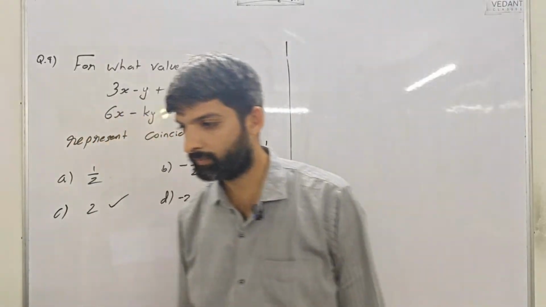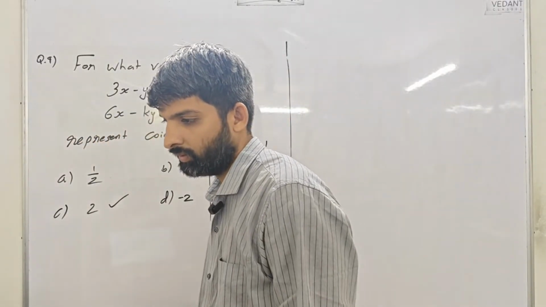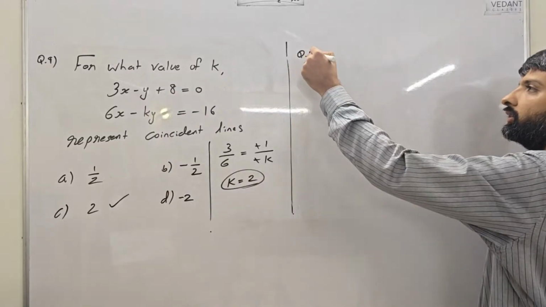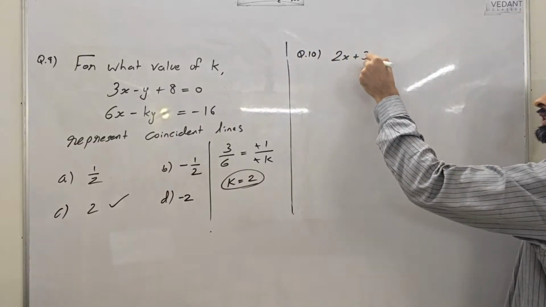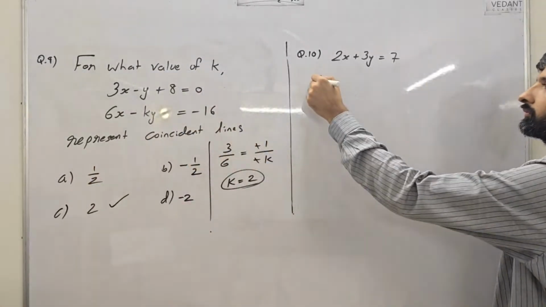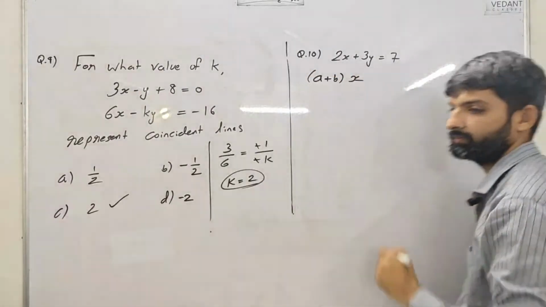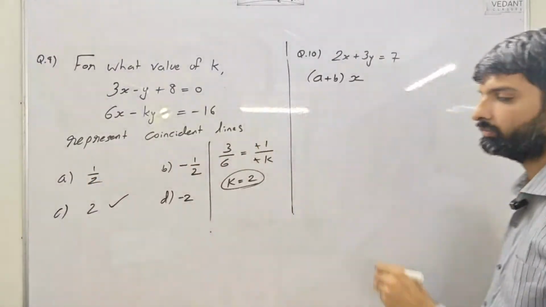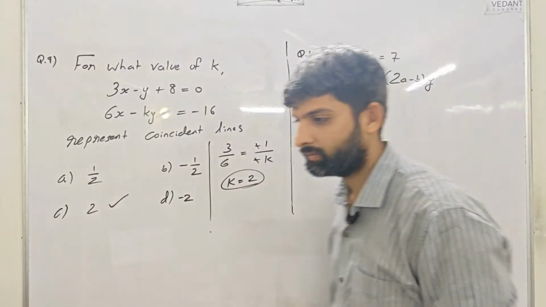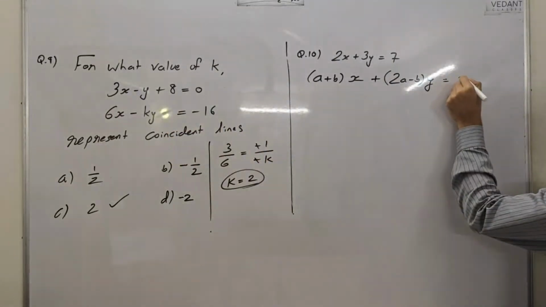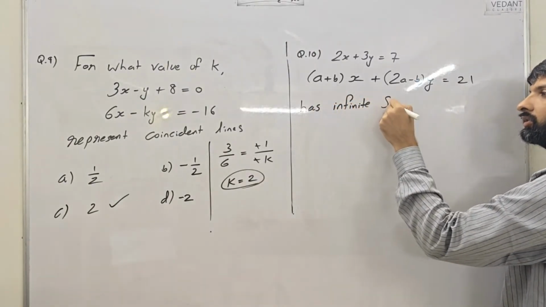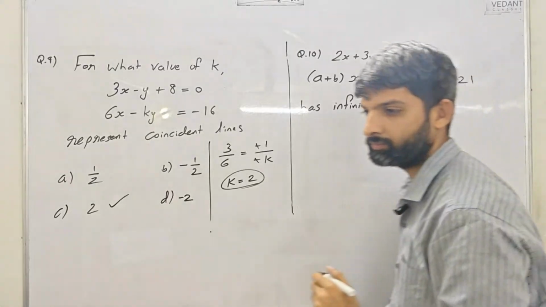Okay, let's solve one such question. Question number 10. Two equations, 2x plus 3y equal to 7, and the second is ax plus by... a plus b x plus 2a minus b y is equal to 21, has infinite solutions.